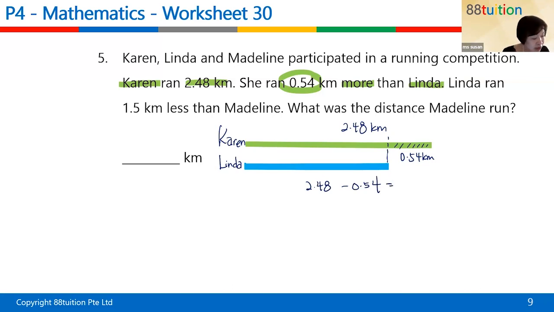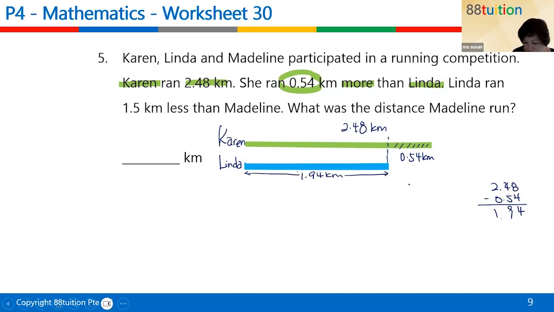Okay, so this one you cannot use a calculator. So you must show working. 2.48 minus 0.54, you get 1.94. Okay, check back. You should get 1.94, which is the blue one. So now the blue one is from here to here. So I'm going to write my statement here.